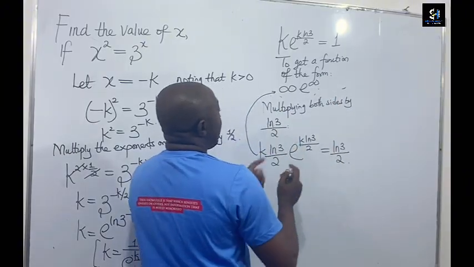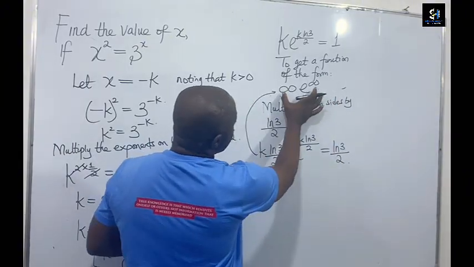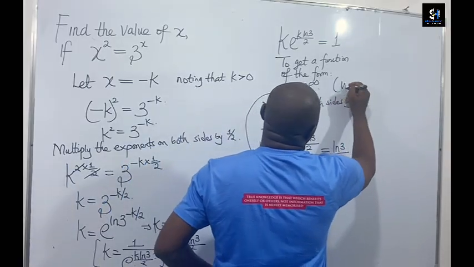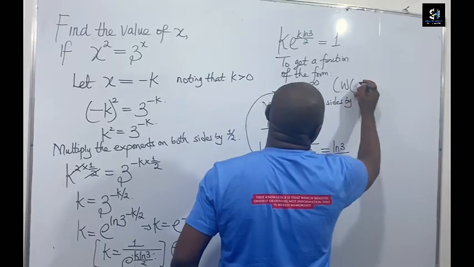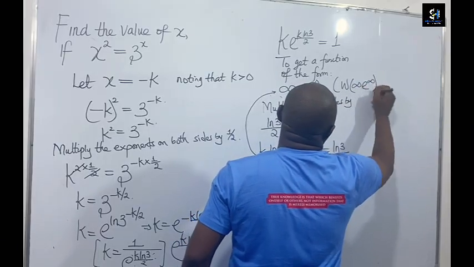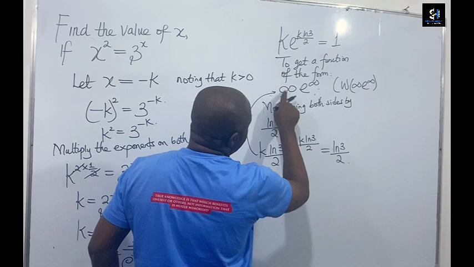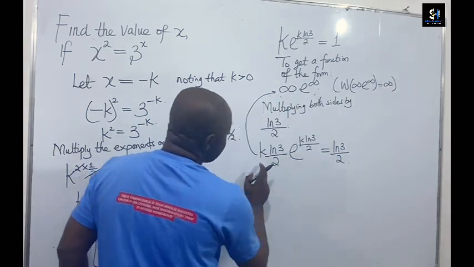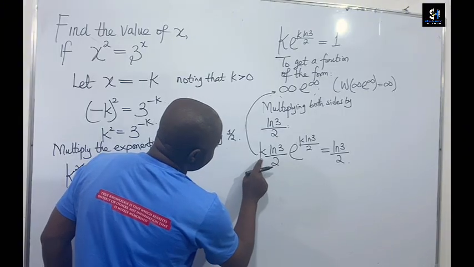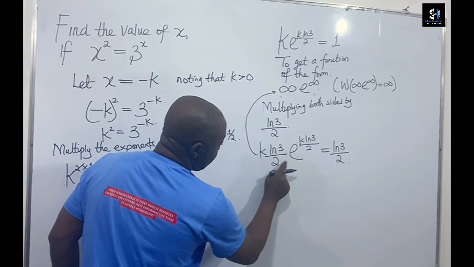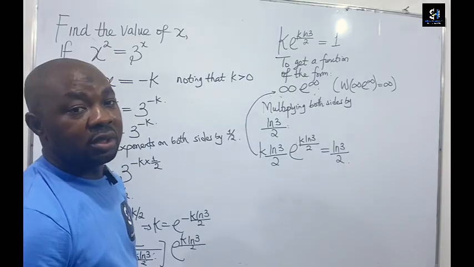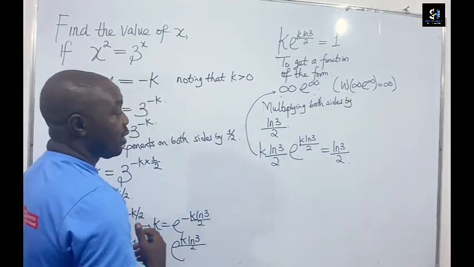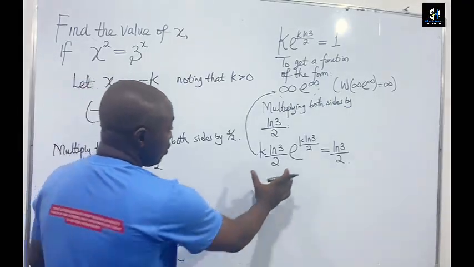Like I said, it is only when we have this expression that we can look for the Lambert W function of it. So in this case we have k ln 3 over 2 multiplied by e raised to the k ln 3 over 2. I'm going to find the Lambert W function on both sides.